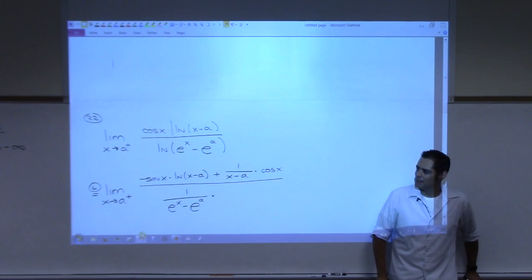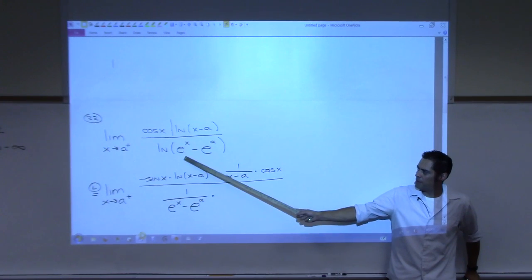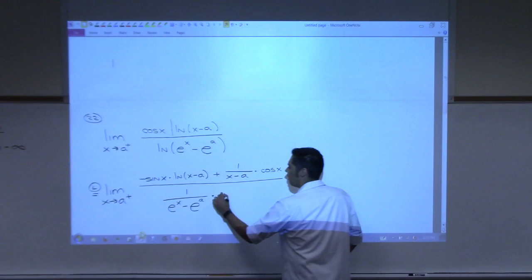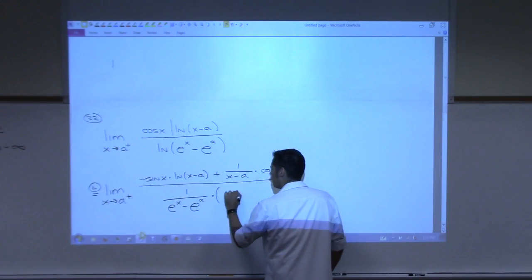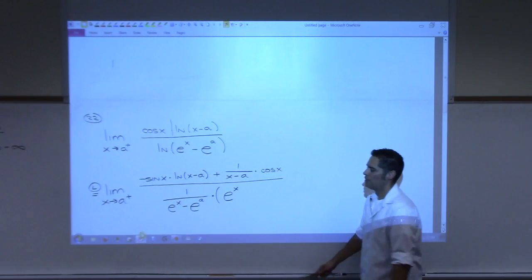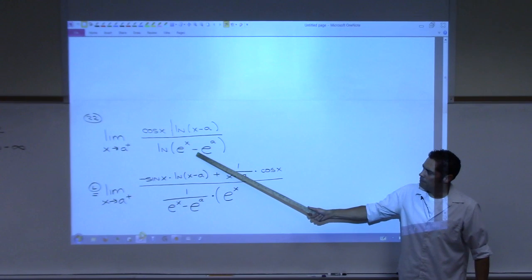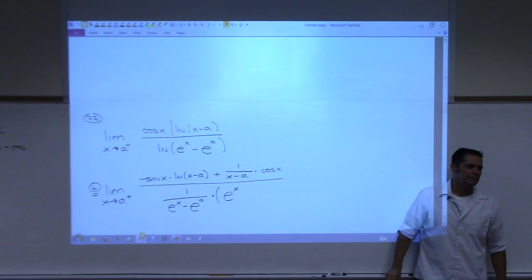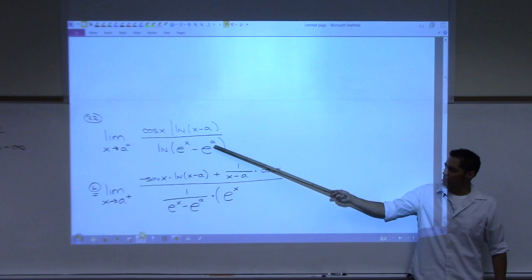So let's go piece by piece. What's the derivative of e to the x? Itself, okay? I'll put this in parentheses. Minus, what's the derivative of e to the a? 0. Just 0. Why? A is a constant, right?